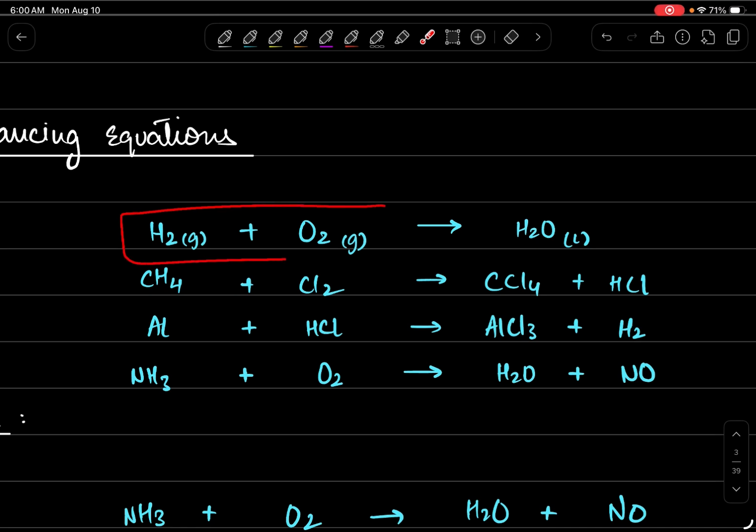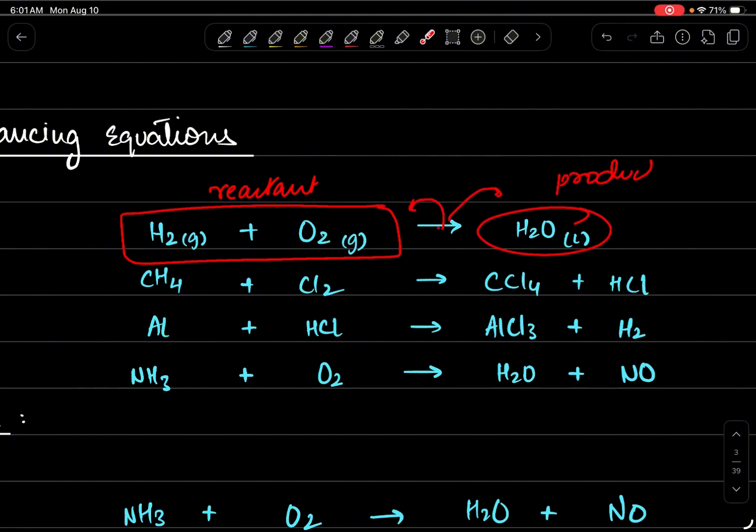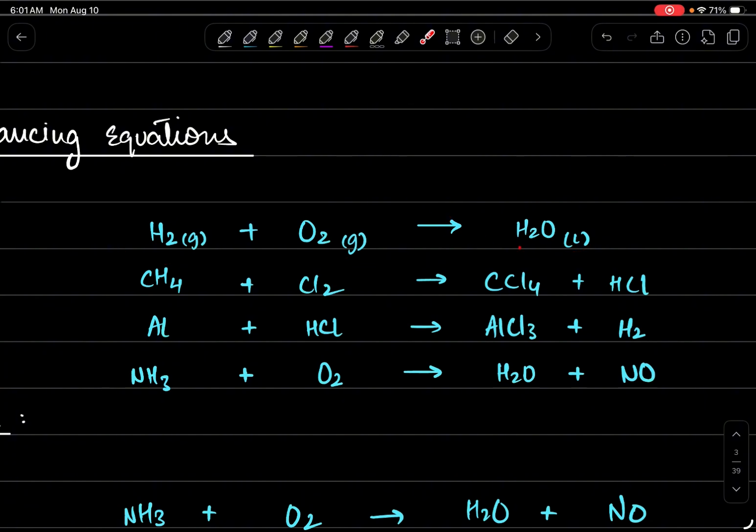This side is the reactant hand side, the one before the arrow, and the one after the arrow is called the product hand side. Now we need to make sure that all of the elements are the same on each side. The number of each element must be the same. So if there are 2 hydrogens here, 2 hydrogens are also here, so that is balanced.